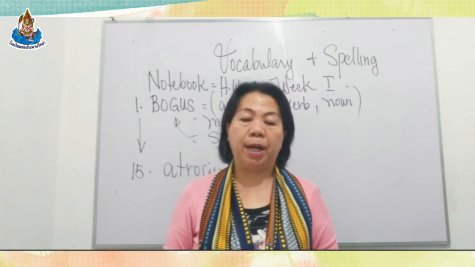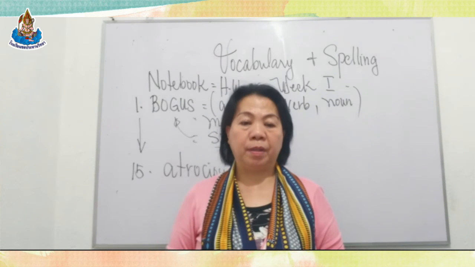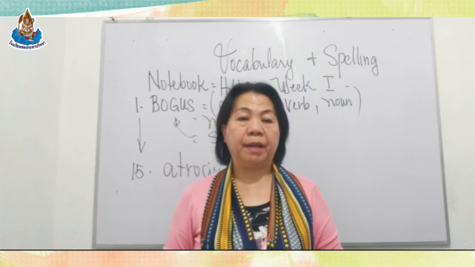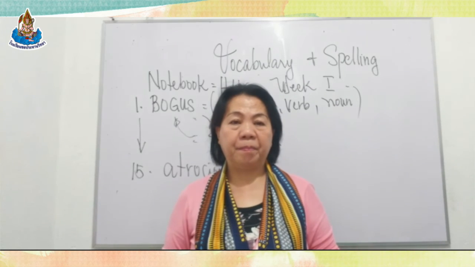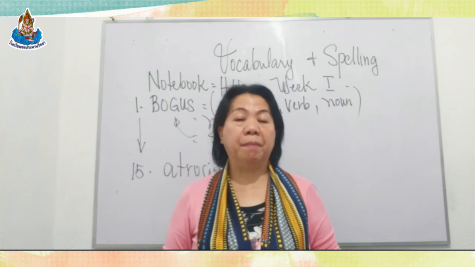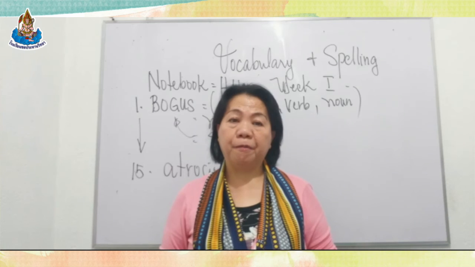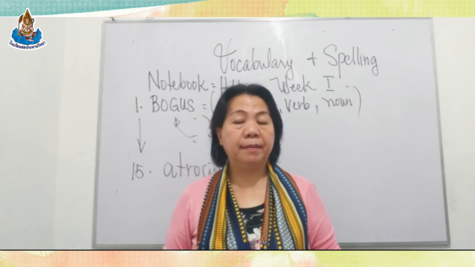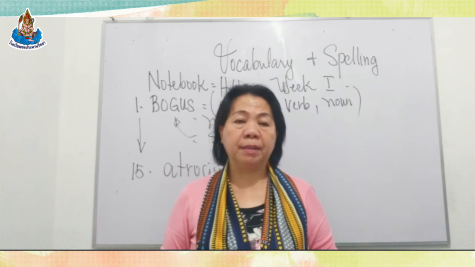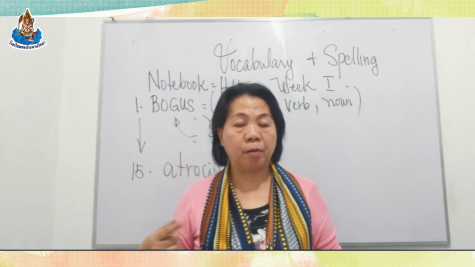Okay. So number 1, bogus. Number 2, assess. Number 3, communicable. Number 4, adept. Number 5, anonymous. Watch out also for the correct stresses.